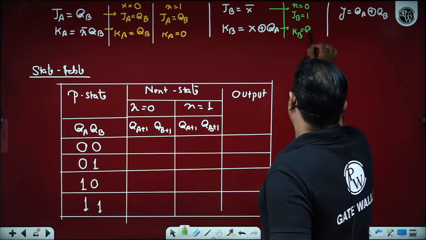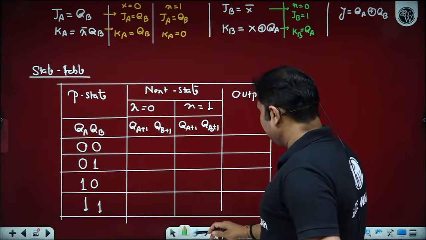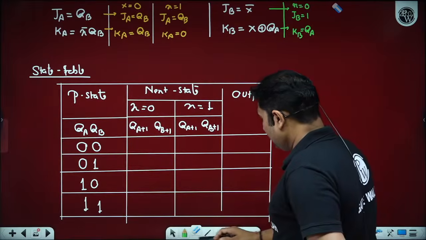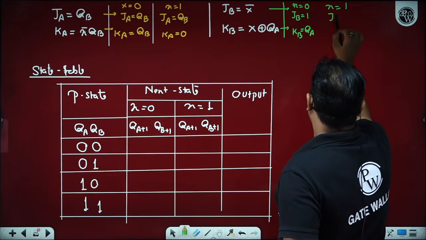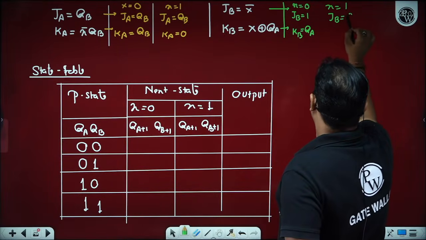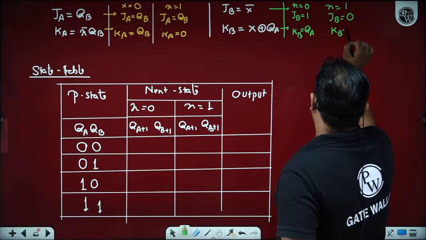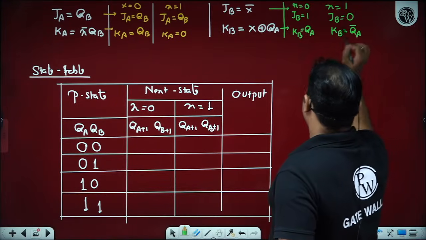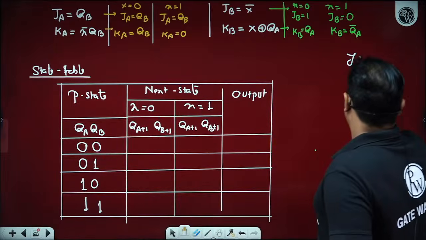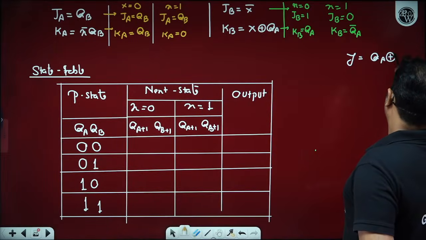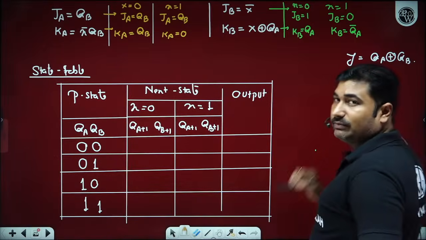And with X equals to 1, JB will become 0 and KB will become QA complement, as an inverter. Is it okay? Yes, sir. Output we all have Y equals to QA XOR QB. It is not depending upon the input X.